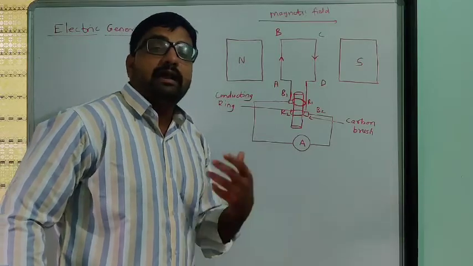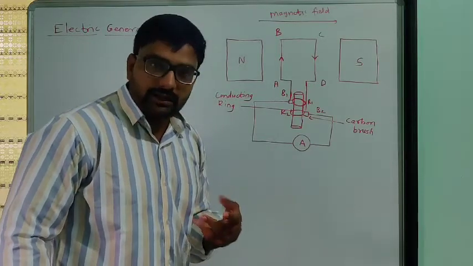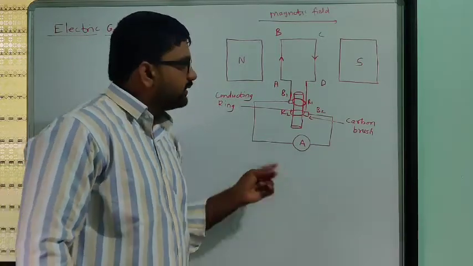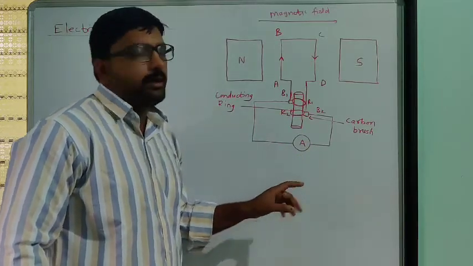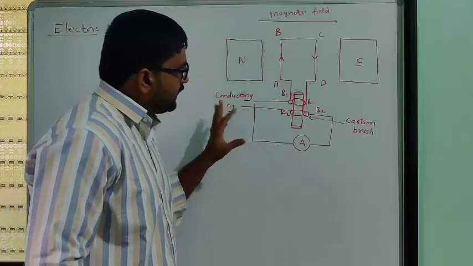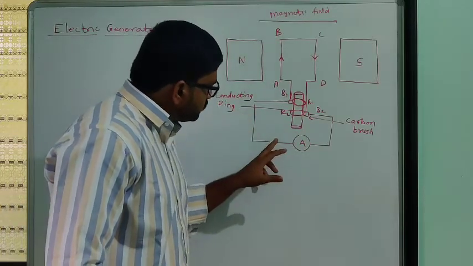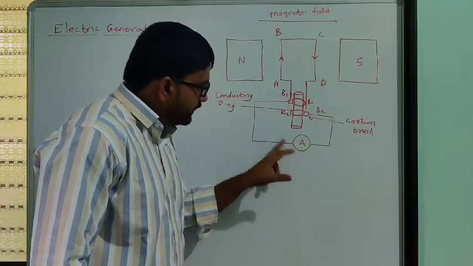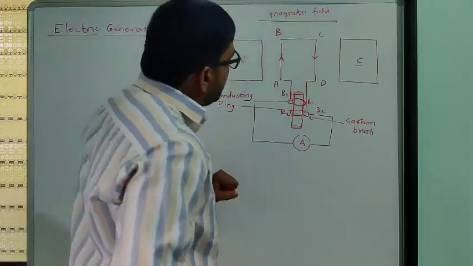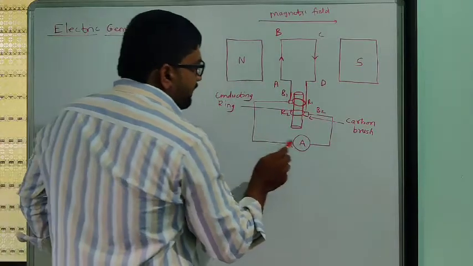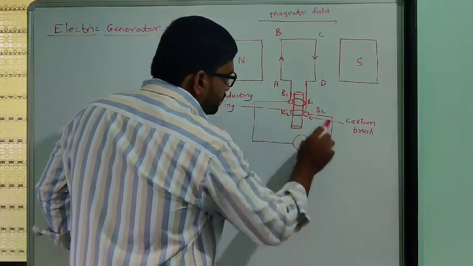Ammeter is highly sensitive to electric current, and even a very small current passing through the circuit can be detected by it. So we can detect whether current passes through the circuit or not using this ammeter.